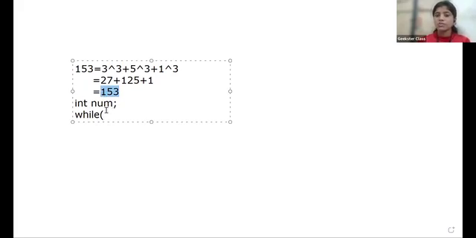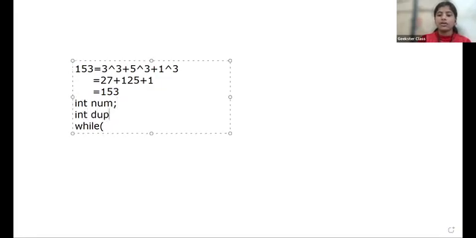One has to be modified and the other one has to be checked, right? So let's suppose we have taken a duplicate variable, which is initially equal to num. Now you will modify this dupe variable, which contains 153. You will keep a check up to when dupe is greater than 0.